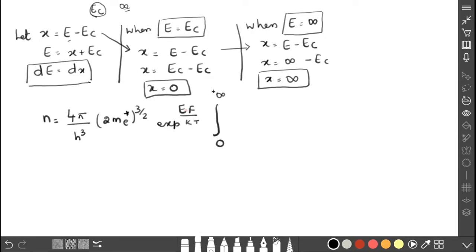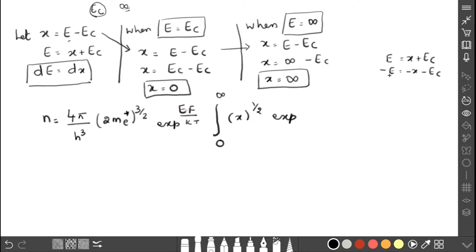E minus EC is equal to x, so it will become x power 1 by 2, and then exponential of minus E divided by KT. Here E is equal to x plus EC, so minus E is equal to minus x minus EC.